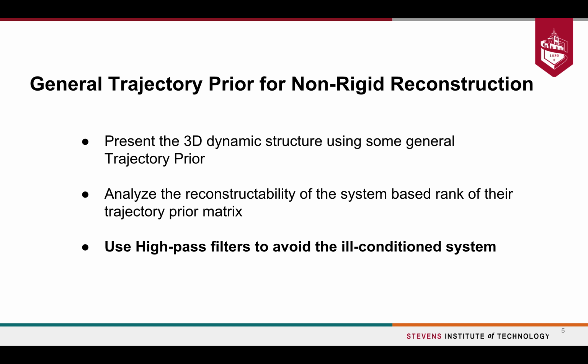In this paper, they represent the 3D structure based on a general trajectory prior, and then they analyze the reconstructability of their system based on the rank of their prior matrix. Finally, they use high-pass filters to avoid the ill-conditioned system.